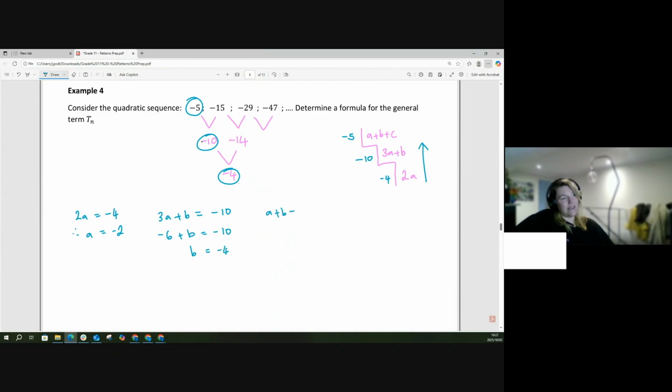A plus b plus c is equal to -5. -2 minus 4 plus c equals -5, which means c is equal to 1. So therefore, Tn is equal to -2n squared minus 4n plus 1.